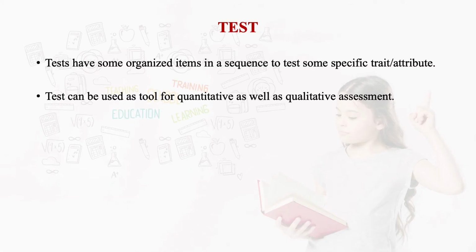And second, a test can be used as a tool for quantitative as well as qualitative assessment. So friends, we can use the test or other tools for quantitative assessment, and at the same time for qualitative assessment. By using an achievement test, we can get a certain score of a student in a subject.